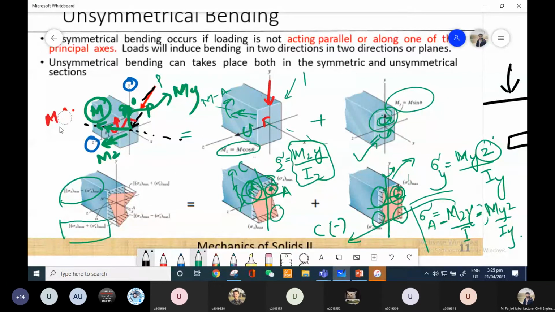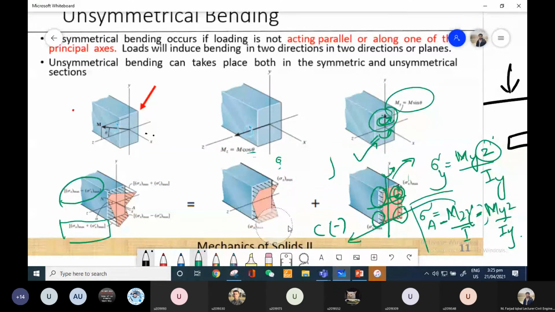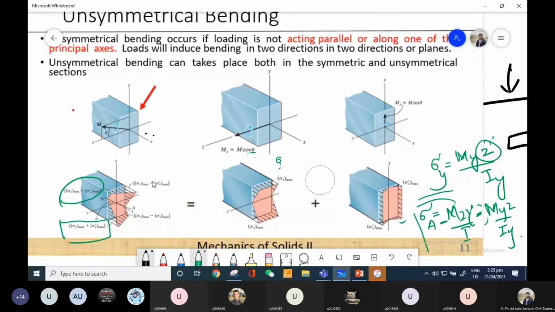Now there is another method to figure out the direction or how to specify whether we have to add them or subtract them. We will fix the direction. For example, I will say in all questions that my y-axis is in the upward direction, positive y-axis, and my positive z-axis is towards the left side.